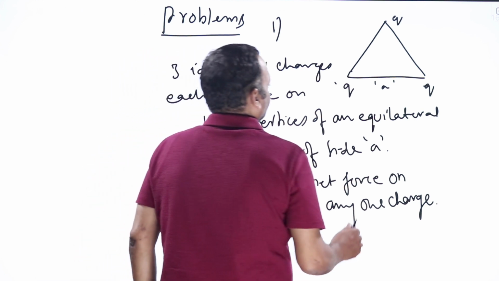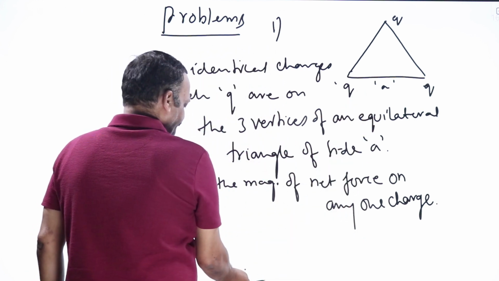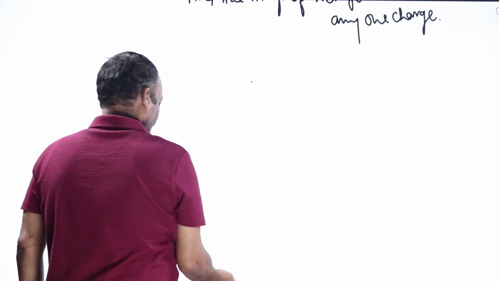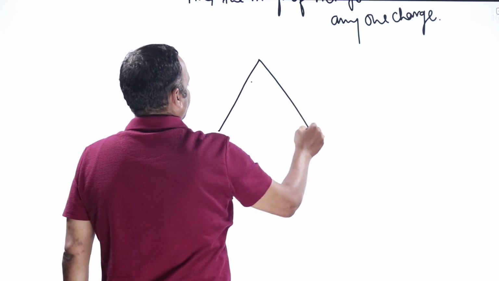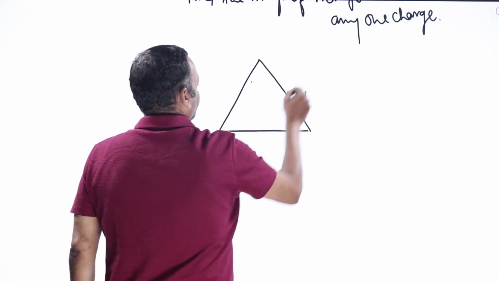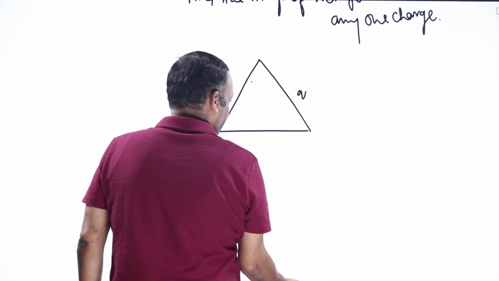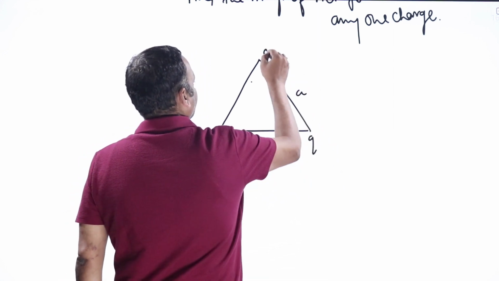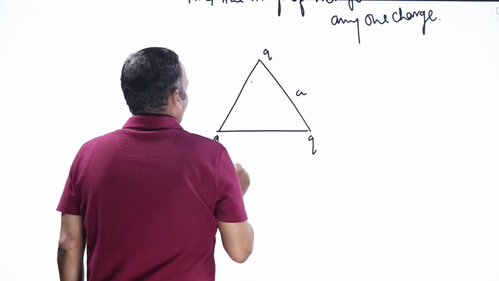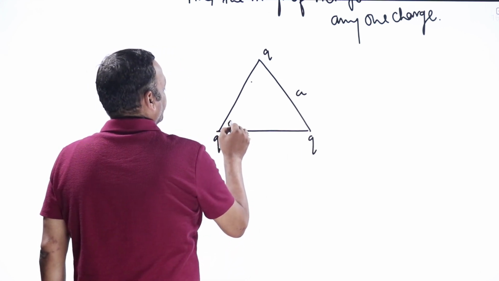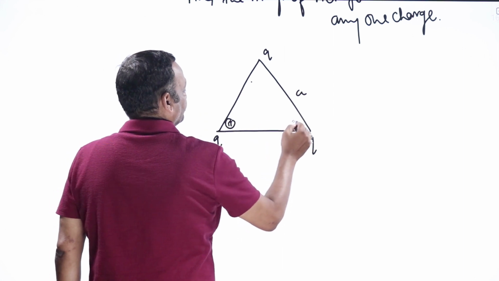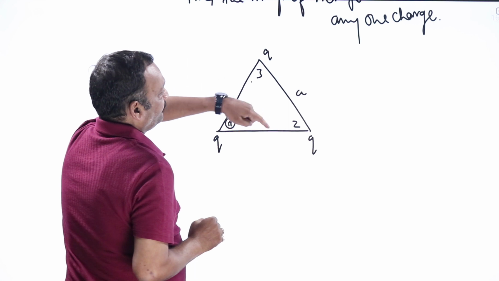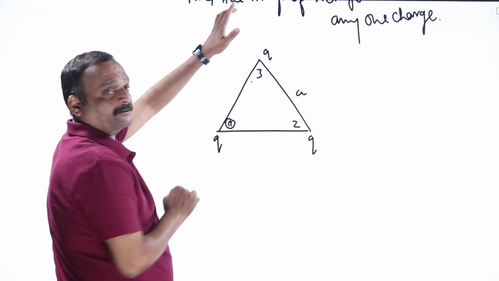Now the situation is like this. We will consider a triangle of side A, with three identical charges on the three vertices. I'll call these corner 1, corner 2, corner 3. Now what is the magnitude of the net force on any one charge due to the other two?